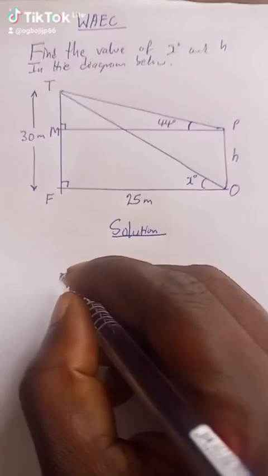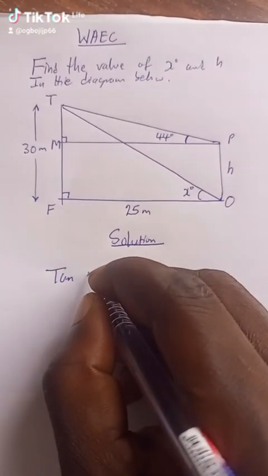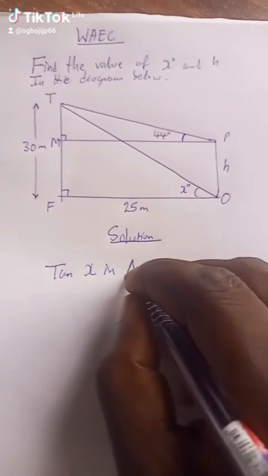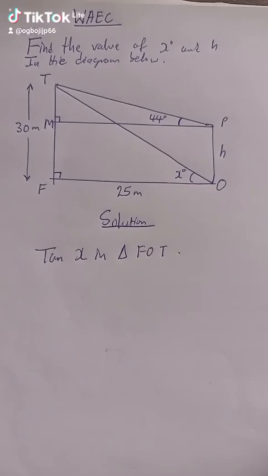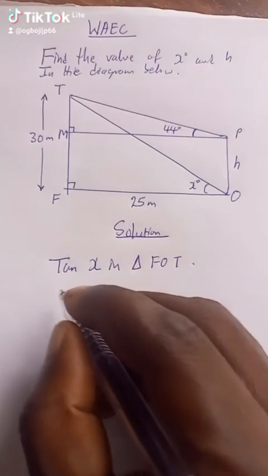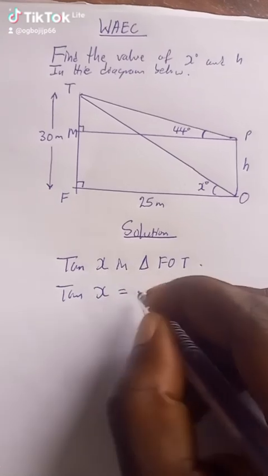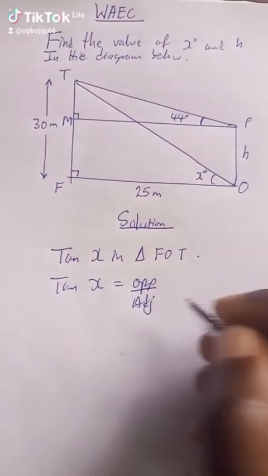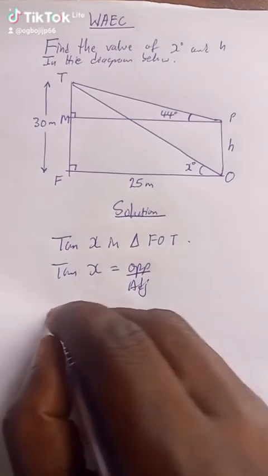So in this case, we'll take tan x in triangle FOT. Let's apply the ratio. Tan x is equal to opposite over adjacent. We don't know x, so we maintain tan x.